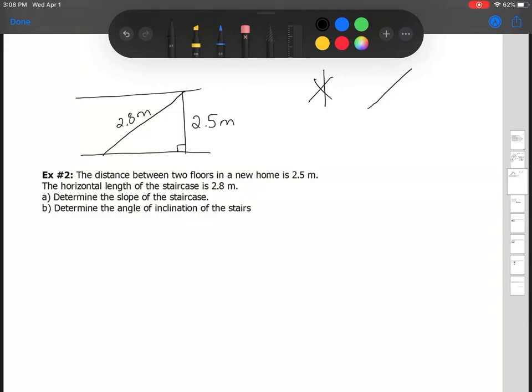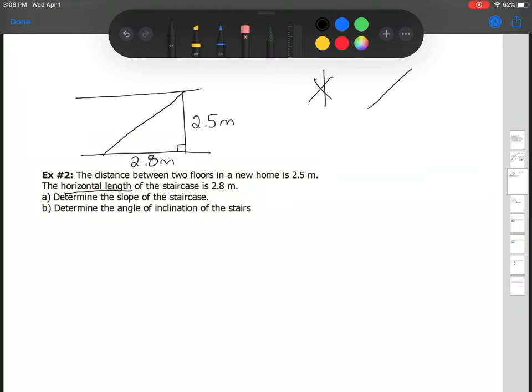So the slope is, we're looking for the horizontal length of the staircase is 2.8 meters, and not the angled length. The horizontal length of the staircase is 2.8 meters, and we are looking for the slope of the staircase, or the rise or the run, and we are looking for the angle of inclination.